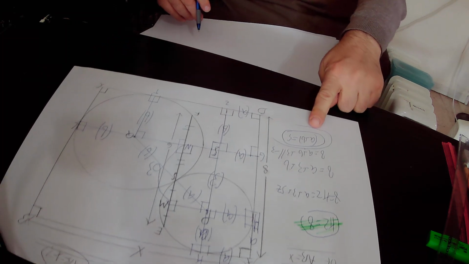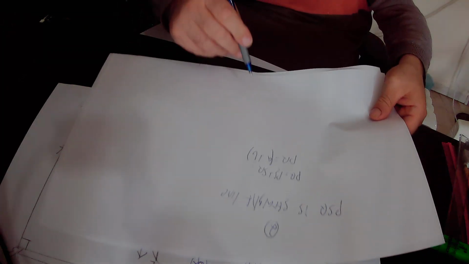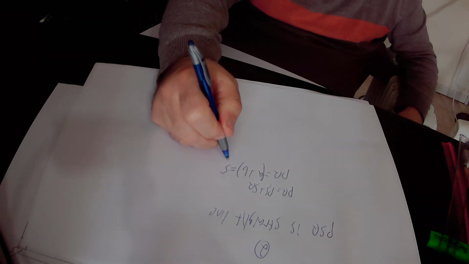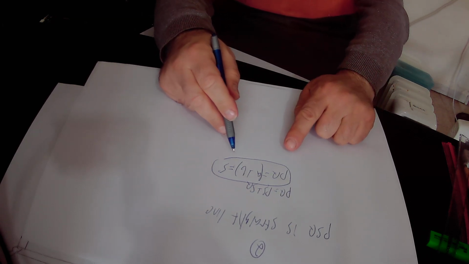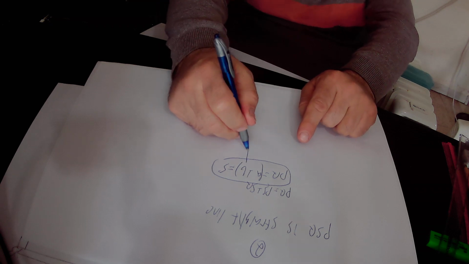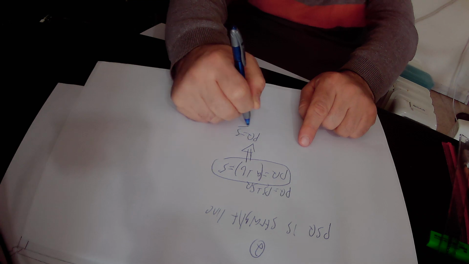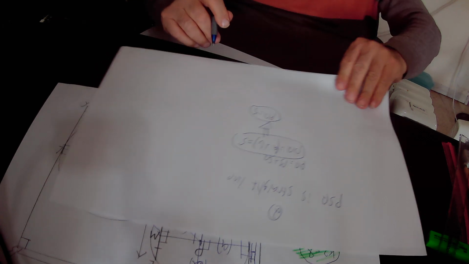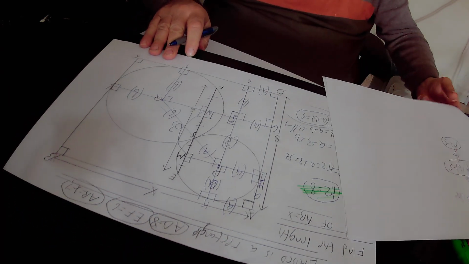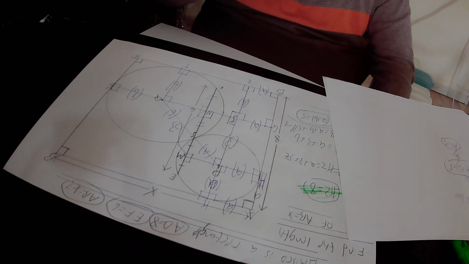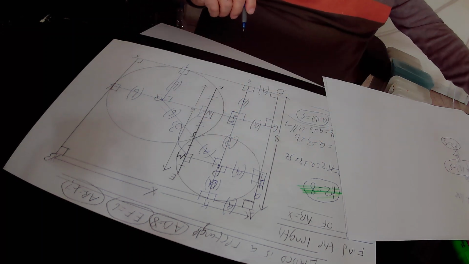But we have already found out that A plus B equals 5. So we can write here that A plus B equals 5. And from this equation, PQ equals A plus B equals 5, we derive that PQ equals 5. PQ equals 5 units.